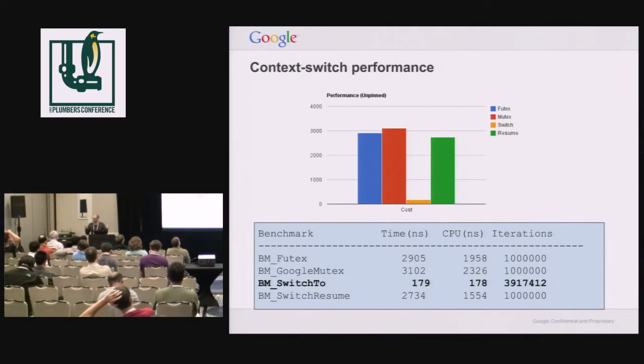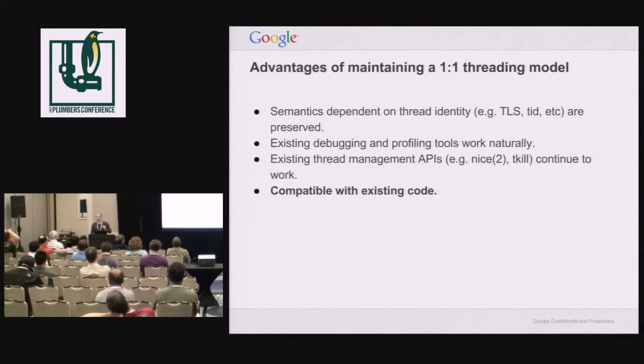You've lost all the nice things that come with kernel threads, because there are some really nice things that come with them. You still have a one-to-one threading model. Any semantics in the previous applications that depended on having real threads, well, they still have real threads. TLS still works. Everything still has a unique TID. Debugging and profiling tools work too. GDB works.